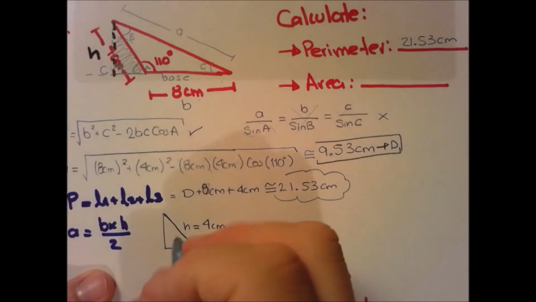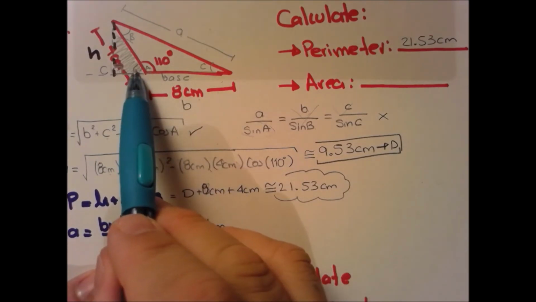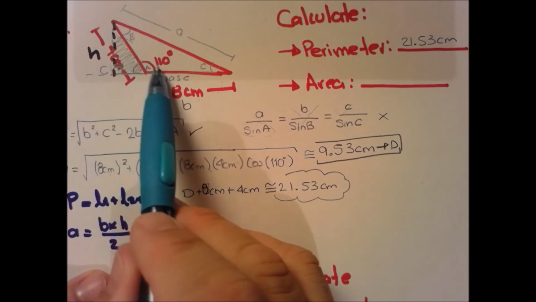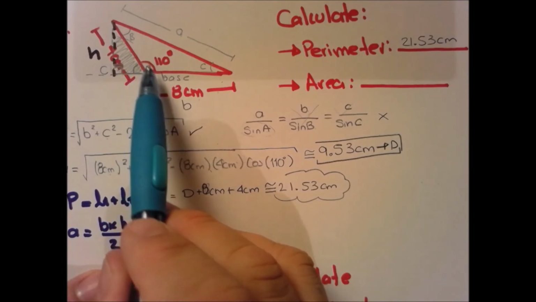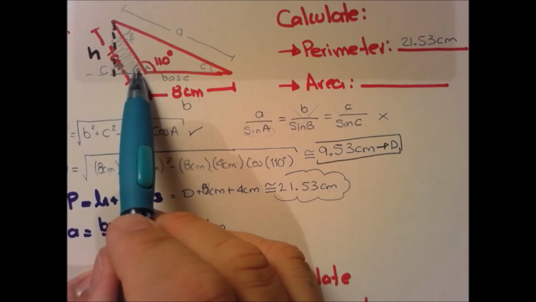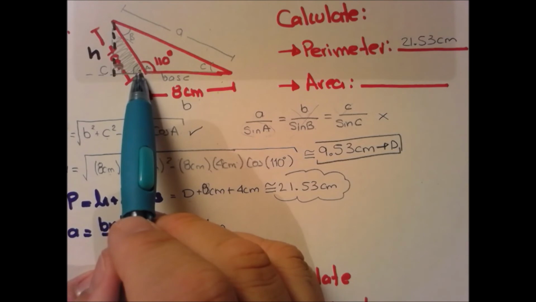Remember, this angle plus this angle are going to form 180 degrees. In that case, this angle is the supplementary angle of this one. So how much is that one?